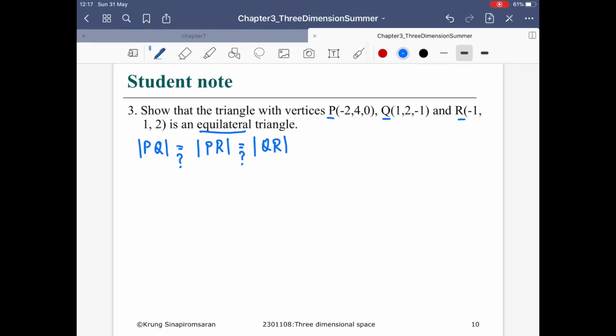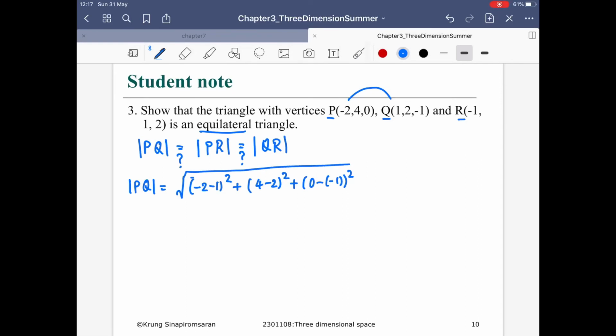If they are all equal, I mean the same sides, it's going to be the equilateral triangle. So let us first find the PQ using the Pythagorean theorem, right? This is very easy. You can do -2, -1 square. So this is the difference between the first coordinates, and then the difference between the second coordinates, and the difference between the third coordinates, squared, taking a square root.